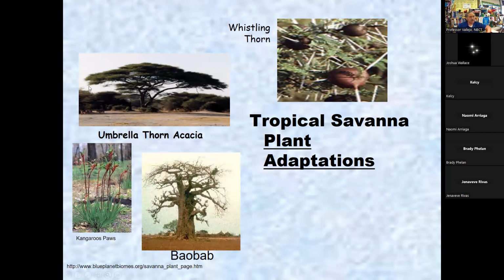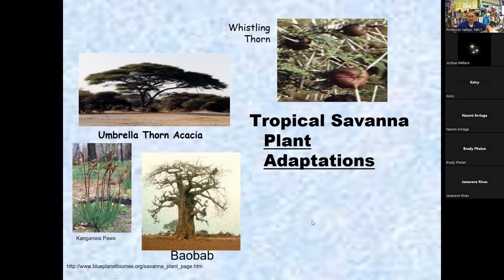They need to be able to trap a lot of light and be able to support other animals living on them. These plants also have thorns, which are adapted leaves, just like the needles are, like a spine on a cactus. These will protect from predation or grazing from animals like antelopes and things like that.